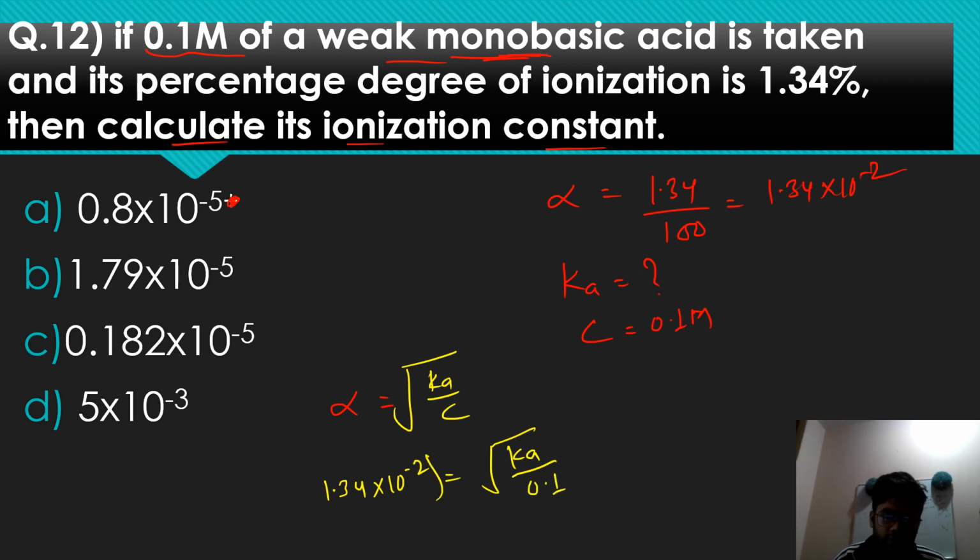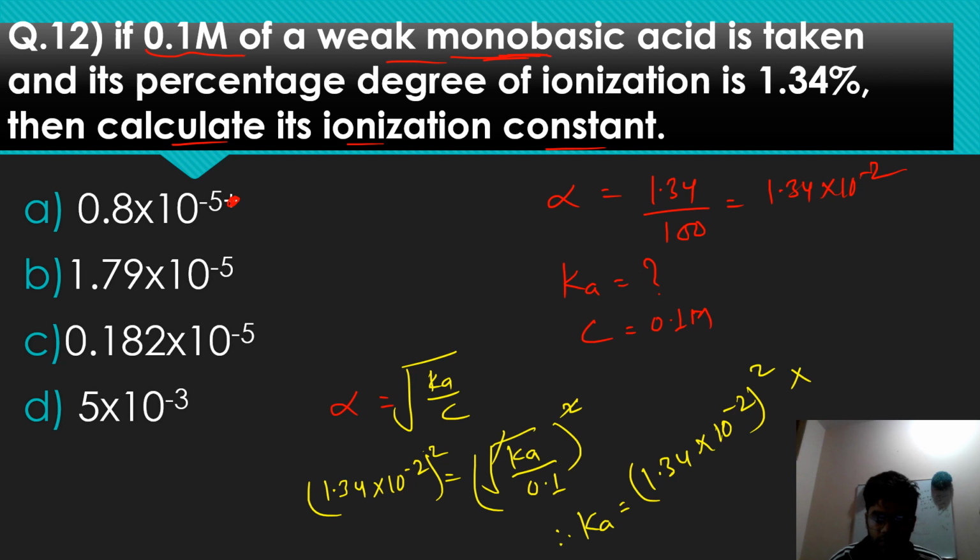Squaring both sides, Ka equals 1.34 into 10 to the power minus 2 squared into 0.1.